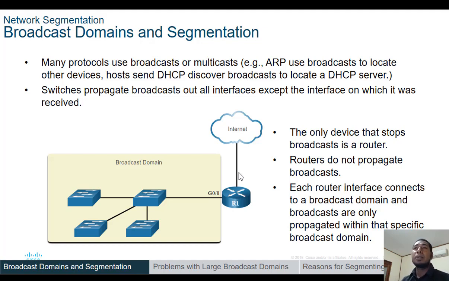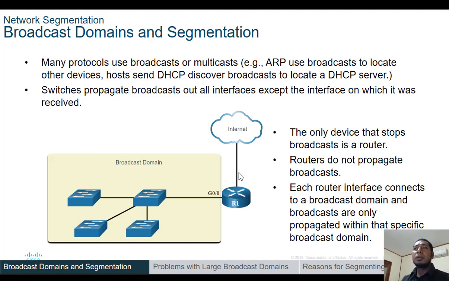Many protocols use broadcast or multicast. An example is ARP. ARP typically uses broadcast to locate other devices. Hosts send a DHCP discover broadcast to locate the DHCP server in a particular broadcast domain.